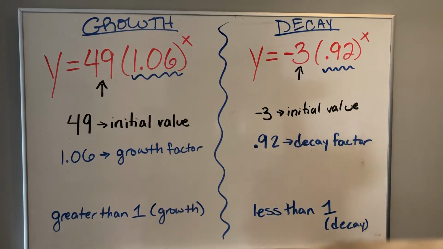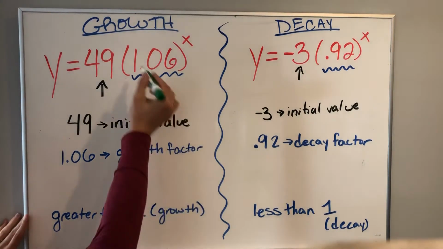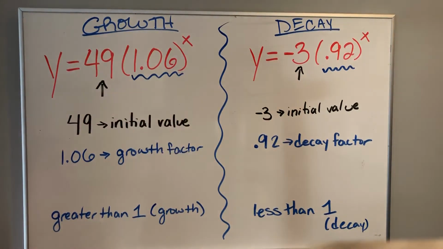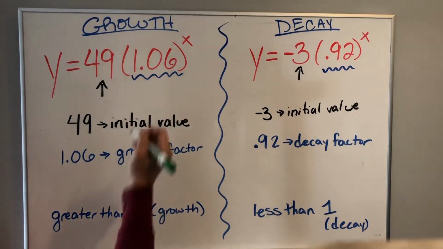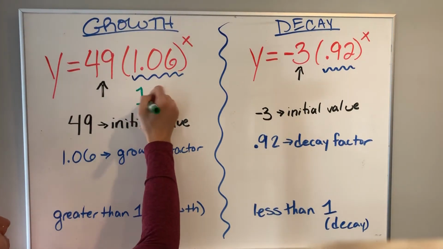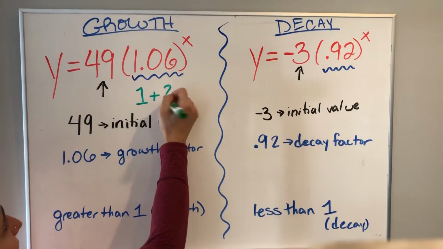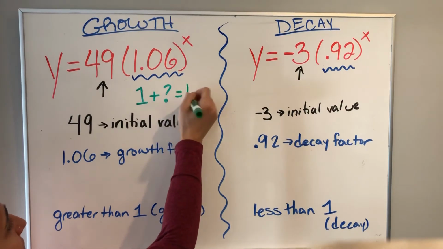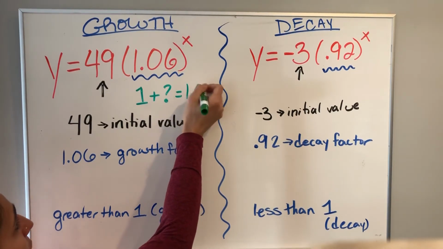All right, so there's one more thing we have to figure out, and that is going to be our rate at which we are changing. So the way we're going to figure that out is we're going to pay attention to this 1.06 number, but I'm going to say to myself, if I had the number 1, what would I have to add to the number 1 to get 1.06?